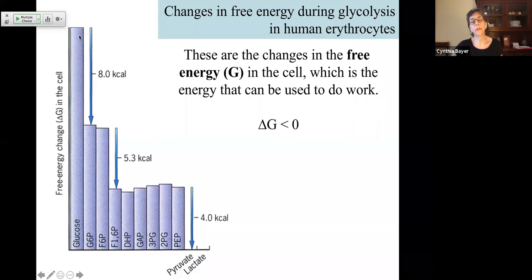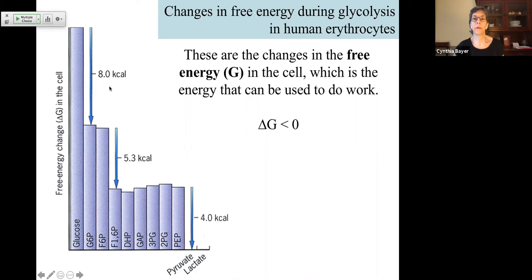But if we look at the different steps of the chemical conversions of glycolysis in a cell, what we see over the process of this entire biochemical pathway is that the overall free energy change is negative, right? The free energy of the cell changes, and mainly in three big steps.